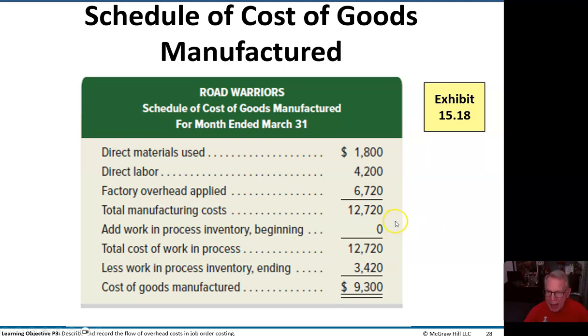Then we add the work in process beginning inventory, which in this case was 0, and that gives us the total cost of work in process. Then we back out the ending work in process, and that difference is what we move to finished goods, the cost of goods manufactured. Major concept there, so be sure you pick that up.